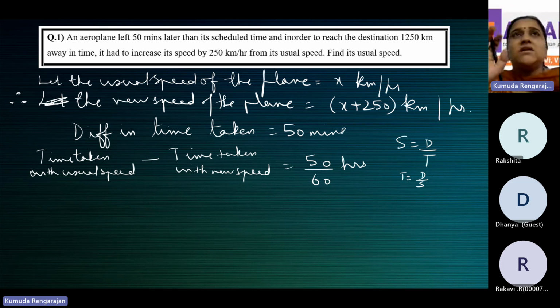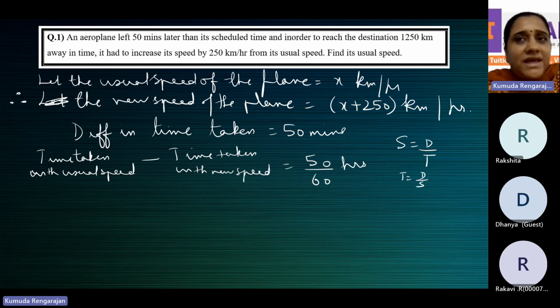Now how to write that? Just think, where is the time taken more? With the usual speed. With the increased speed, the time taken is less. So more time taken minus less time taken is equal to the difference in time taken. Whenever it is subtraction, you must write the greater one first and then the smaller one.